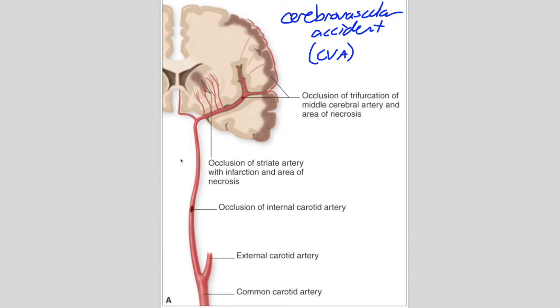Okay, and these can form in a number of locations. So if they form down in a very large vessel like the internal carotid artery, you're going to cut off a huge amount of blood supply to the brain. Now, if they form in a smaller area like one of these branches up here, then the deficit is less severe.